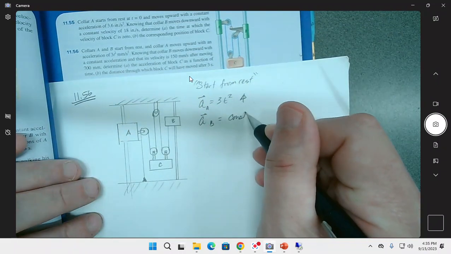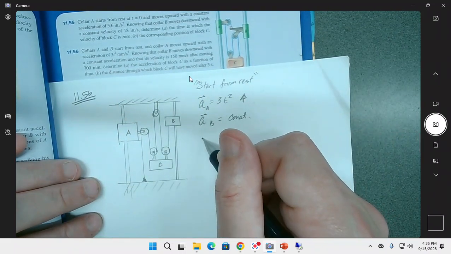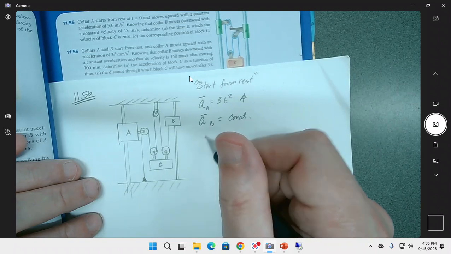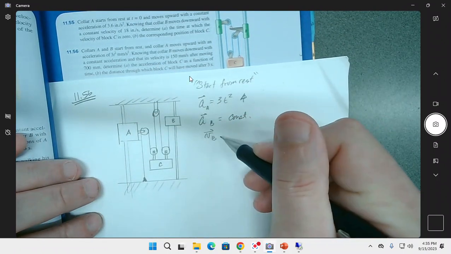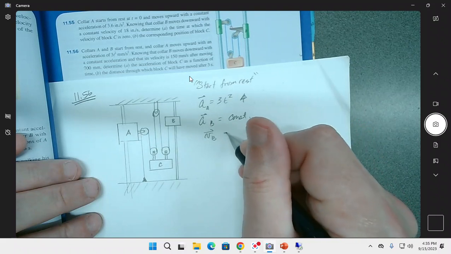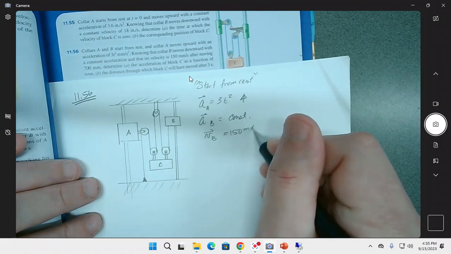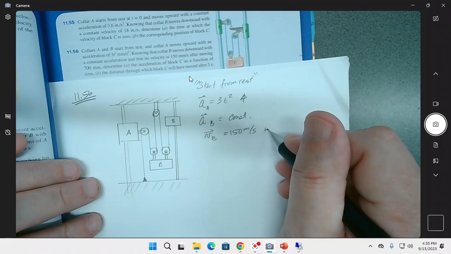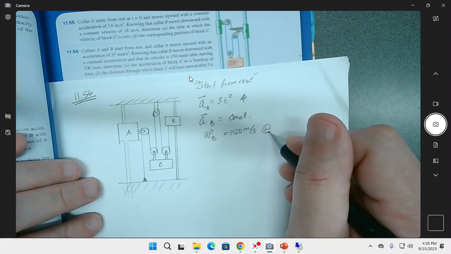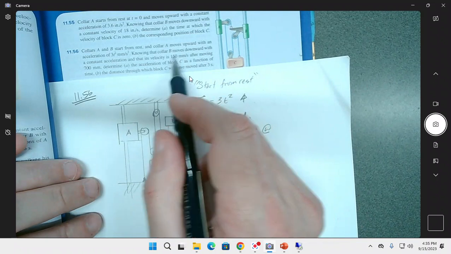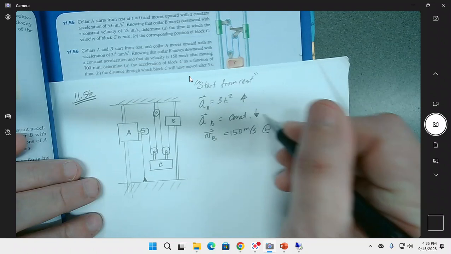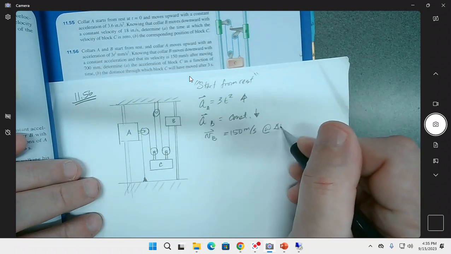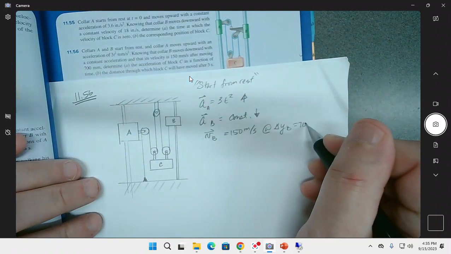It doesn't say what the constant is, but it does say the velocity VB is equal to 150 millimeters per second, constant downwards at delta YB 700 millimeters.